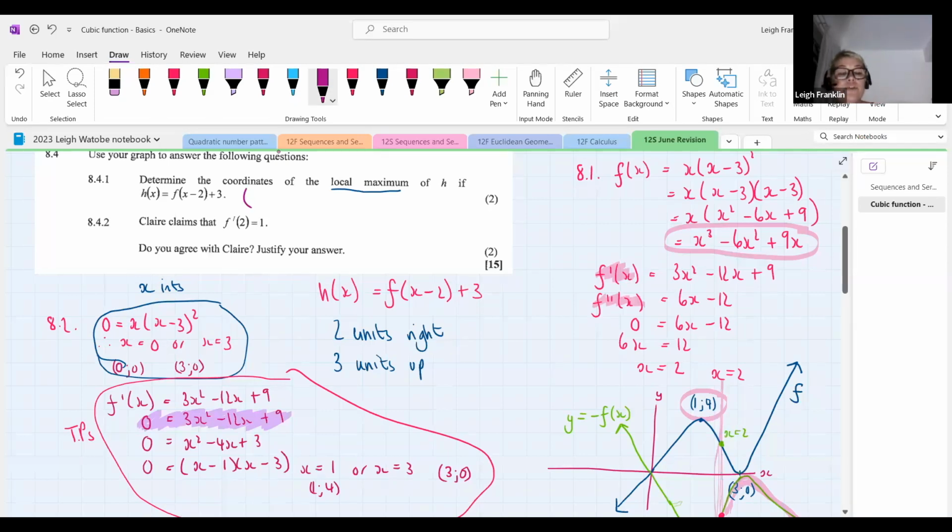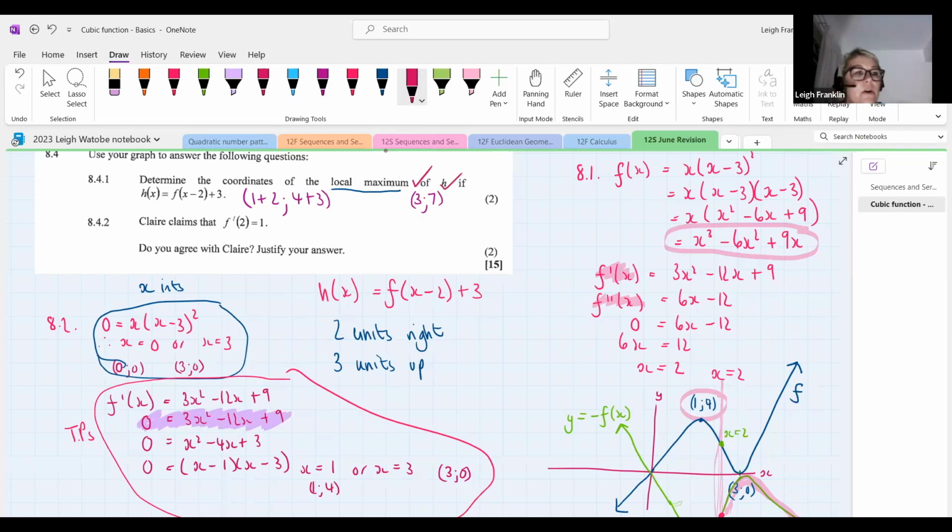What do we have to do to 1? We have to add 2 to it. What do we need to do to 4? We need to add 3 to it. So the new coordinates at the maximum will be 3 and 7. There would be 1 mark on the x and 1 mark on the y coordinate at the new maximum.